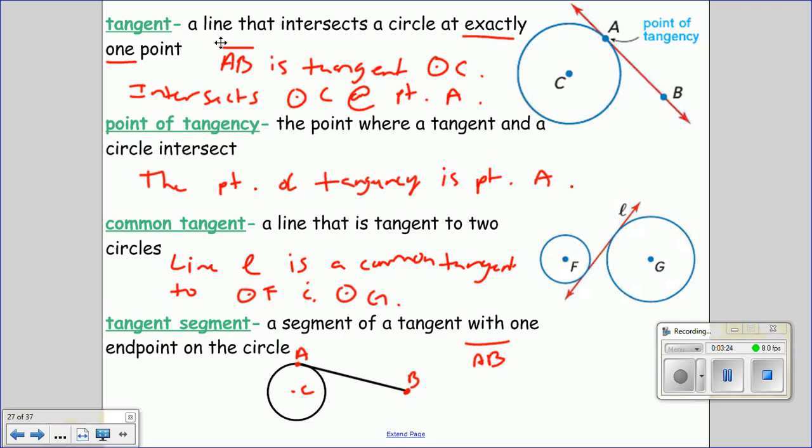So let me change the top one to line AB is a tangent, and now segment AB is a tangent segment. So basically it's just a symbol technicality. Again, lines should have arrows in both directions, and segments have two endpoints. That's the only difference.